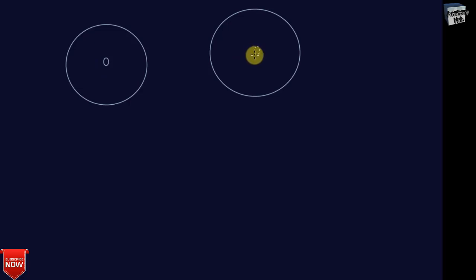At this point we also find the fovea centralis, and here is your nose, the nasal side. On the nasal side we find the optic disc, through which all the axons of the ganglionic cells go and form your optic nerve.